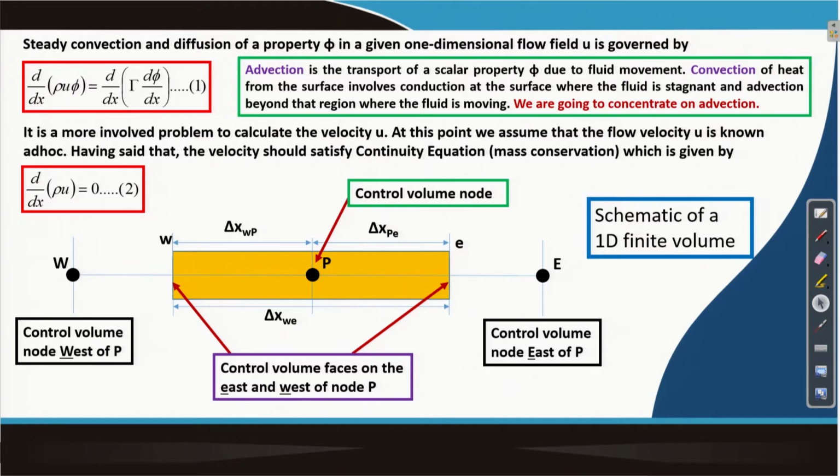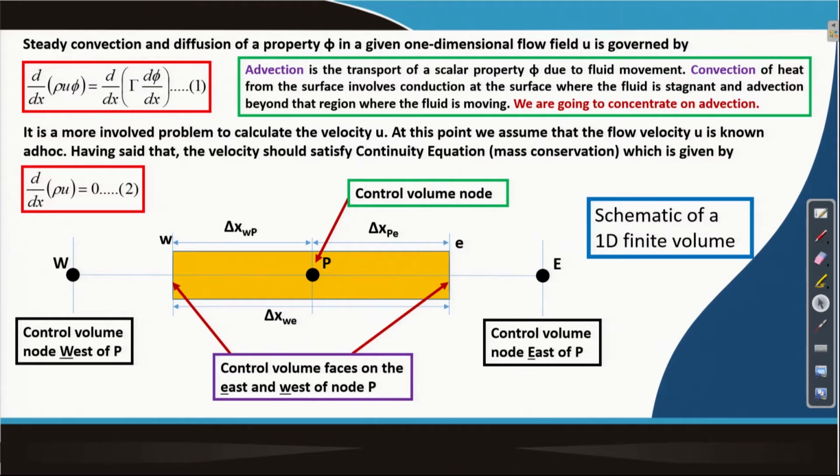At this point, we are not attempting to solve for the velocity field, because that is a more involved problem which we will see in the later part of the course. At this point, we are assuming that the flow velocity u is known to us, it is provided to us in an ad hoc manner.